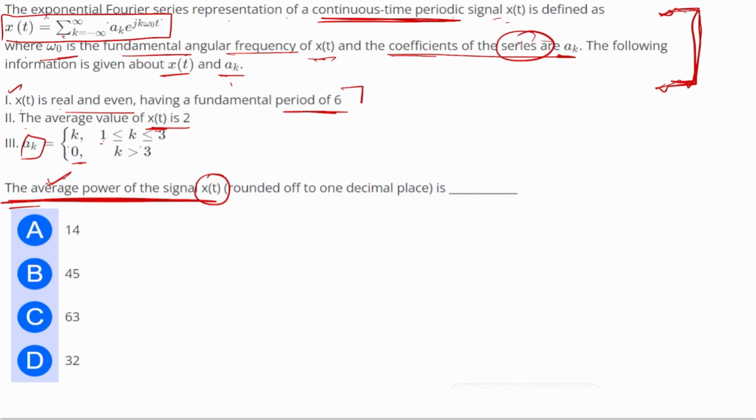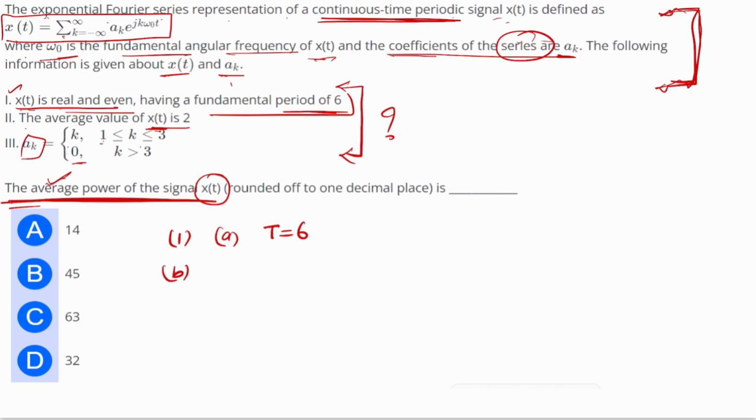Let's just see what this information means. First thing you write is that the fundamental time period is given as 6.